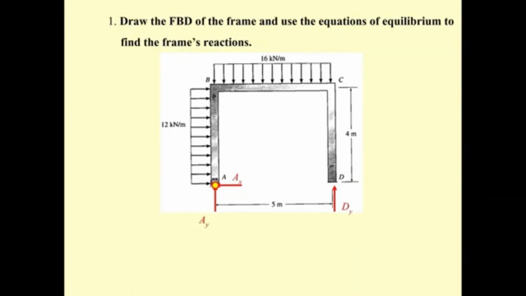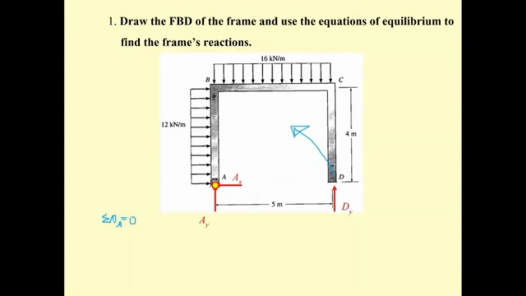And you can see if you take A as the rotation point, the D sub y is trying to rotate like this, counterclockwise. So we will have the summation of the moment at A equal to 0.